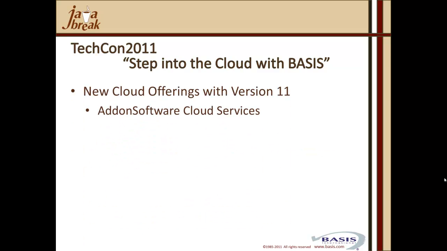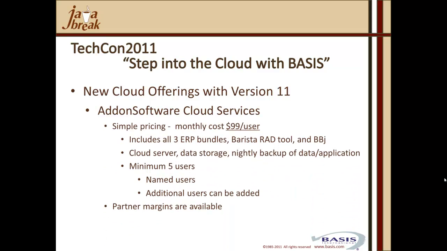The next cloud offering is the new add-on software cloud services. What we've done is we've structured a simple program that starts with a monthly $99 per user cost, and what that gets you is all 3 ERP bundles. That's the accounting, manufacturing, and distribution bundles as a part of add-on software.